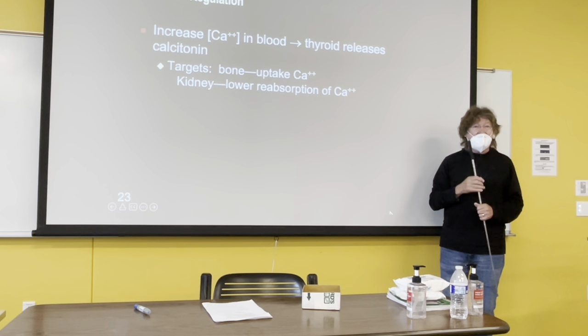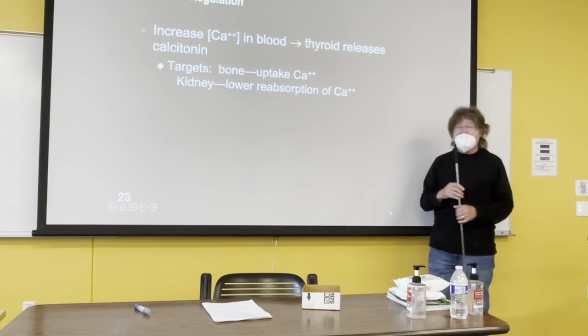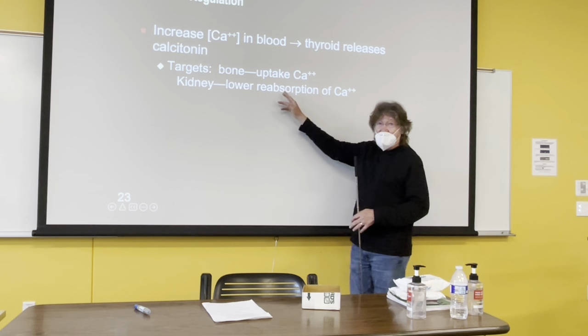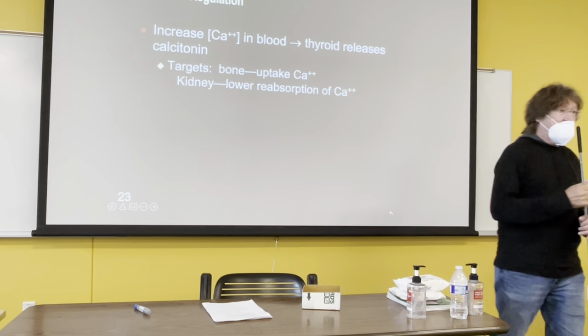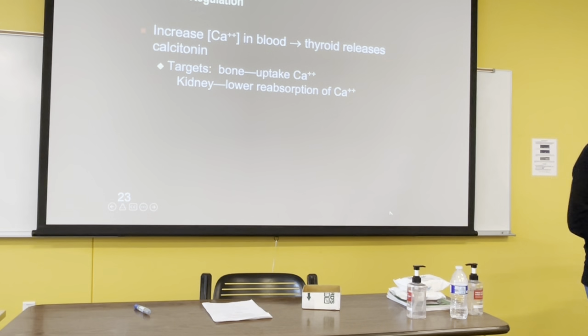So that is removing calcium from the blood and depositing it in bone. Yes? I thought osteoblasts build up and osteoclasts... No, it's the other way around. Osteoblasts build the bone, osteoclasts take it down. Good.